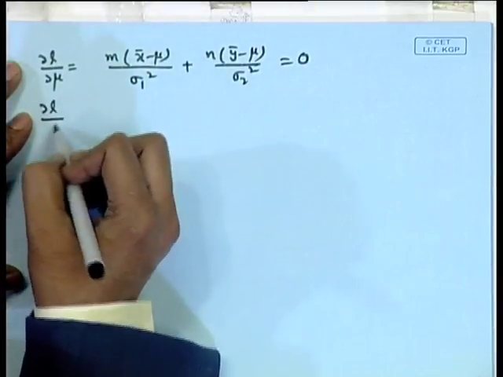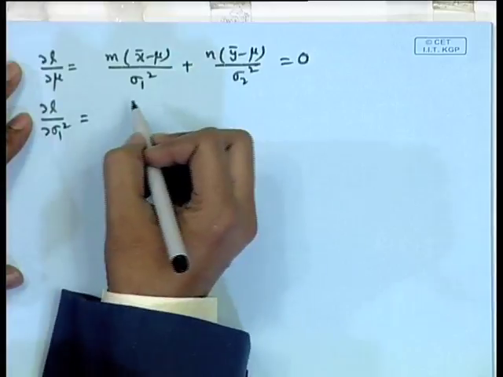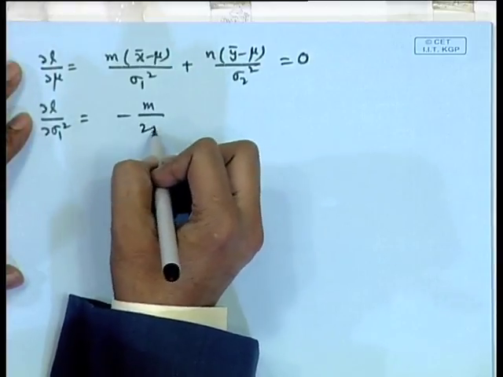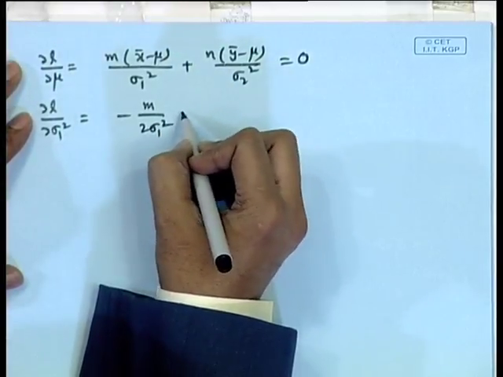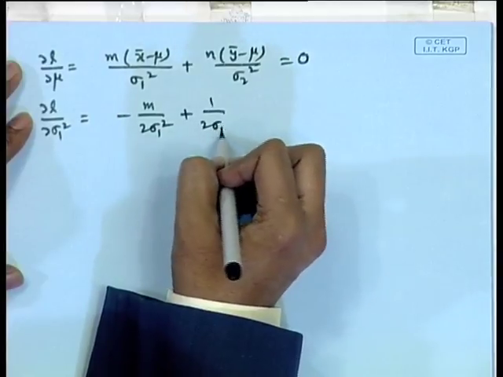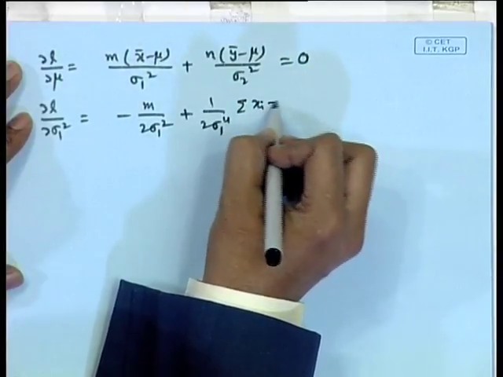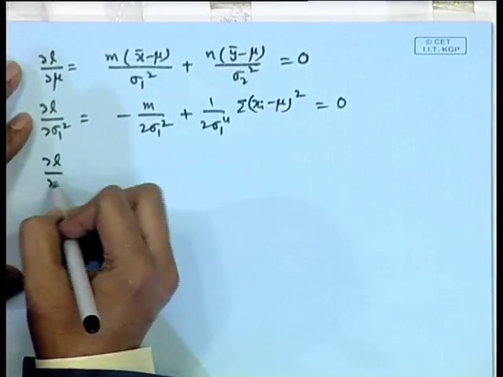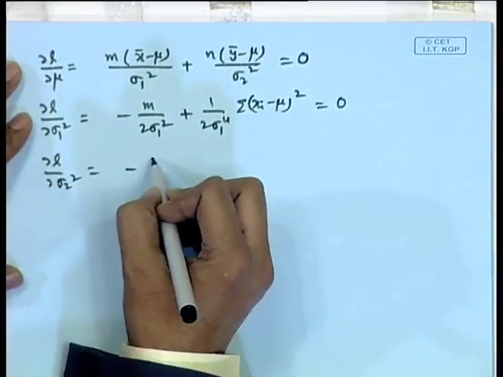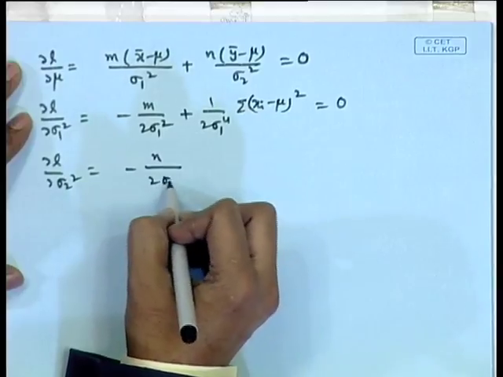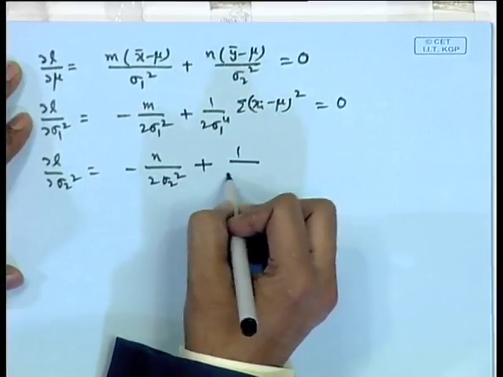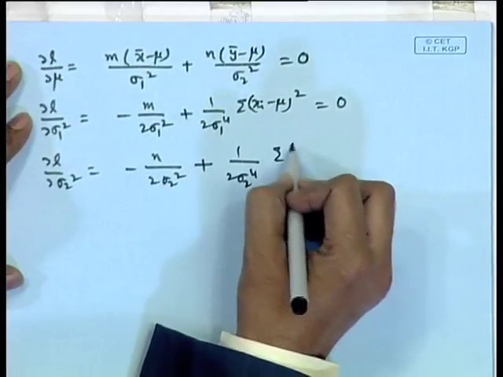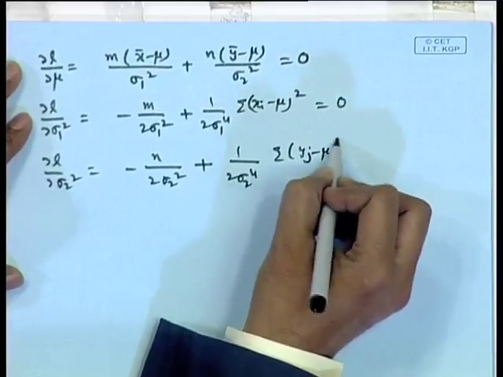If I consider del L by del sigma 1 square, that gives us minus m by 2 sigma 1 square plus 1 by 2 sigma 1 to the power 4 sigma (xi minus mu) square. Del L by del sigma 2 square is equal to minus n by 2 sigma 2 square plus 1 by 2 sigma 2 to the power 4 sigma (yj minus mu) whole square.